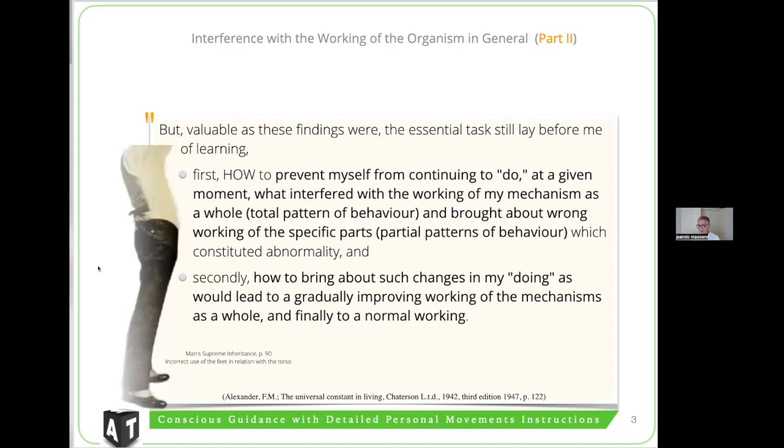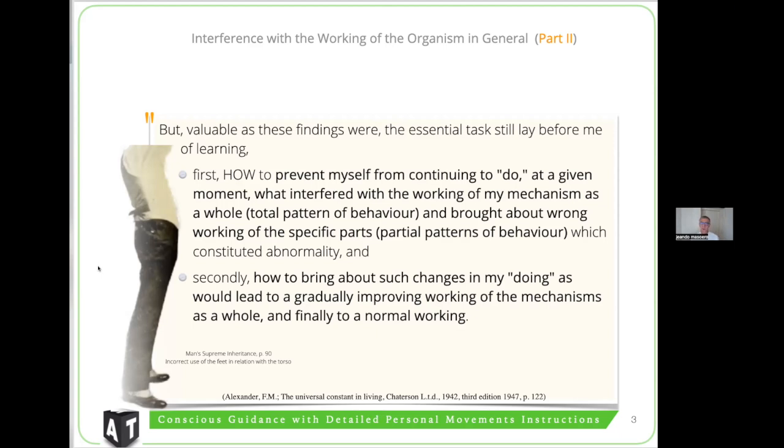And secondly, learning how to bring about such change or such changes in my doing as would lead to a gradually improving working of the mechanisms as a whole, and finally to a normal working.